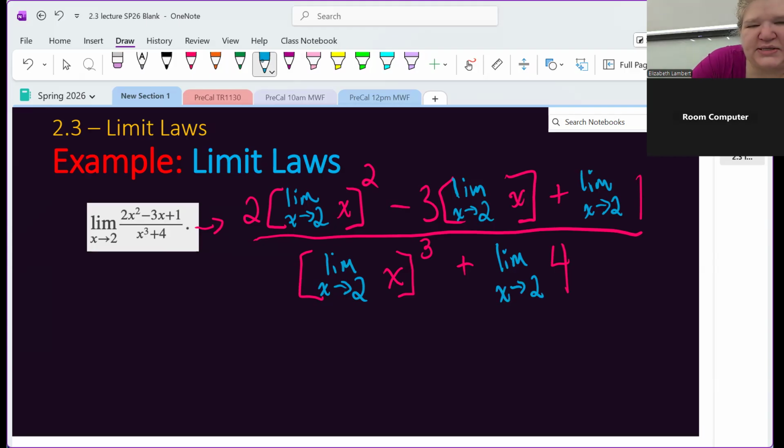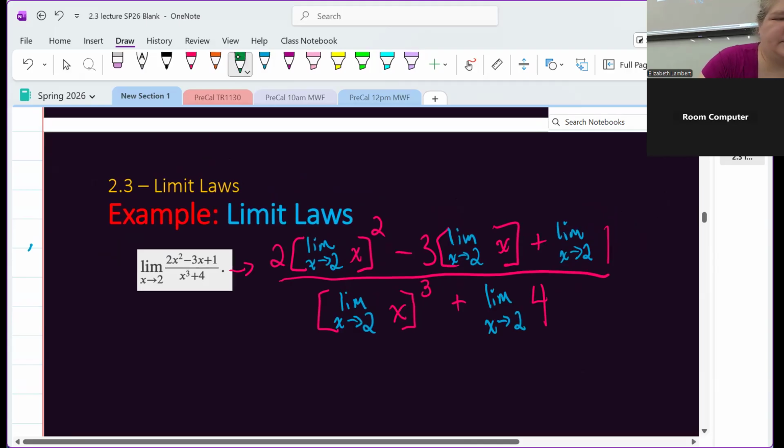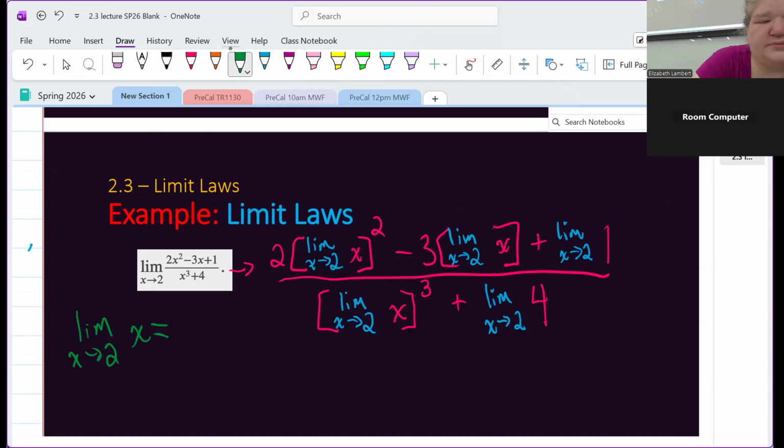Now for each of these, the limit as x approaches 2 of x, what does that equal? As x gets closer and closer to 2, what is x getting closer and closer to? 2.